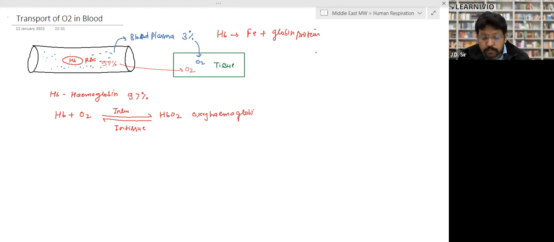97% of O2 is combined with hemoglobin, which carries O2 to body cells in the form of oxyhemoglobin.